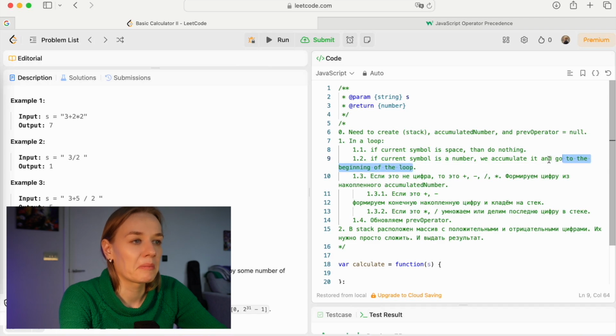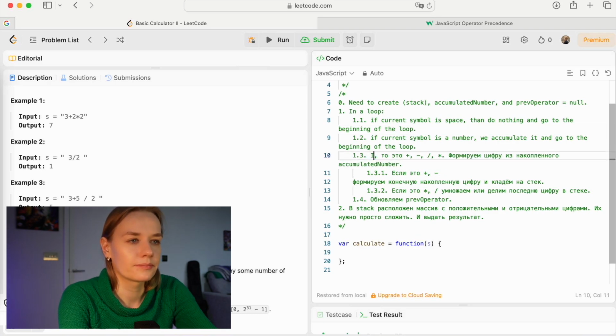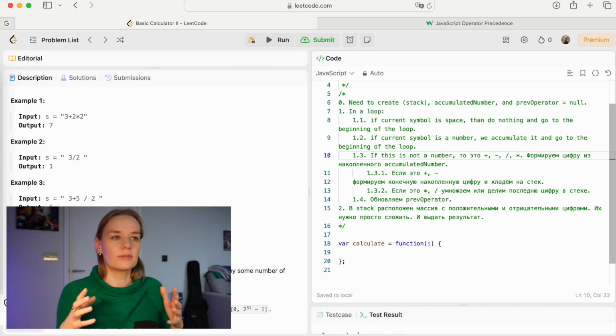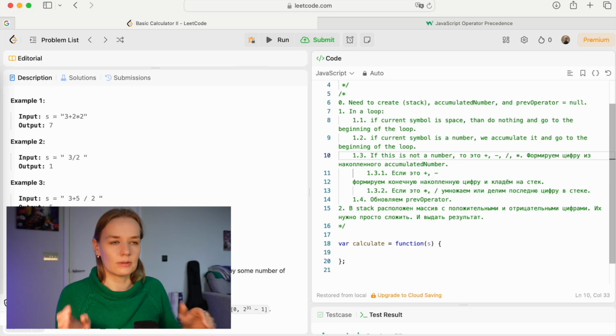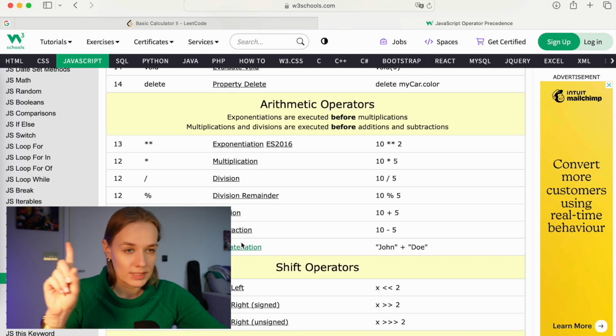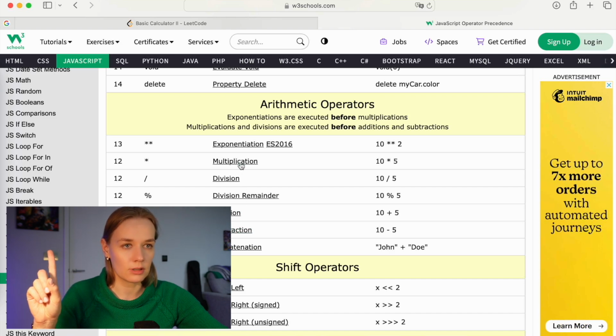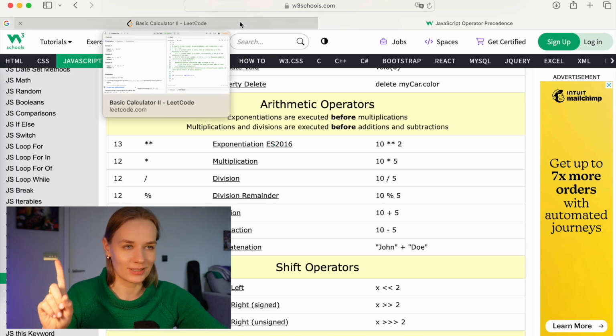If it is not a number, that means we have plus, minus, addition, subtraction, division or multiplication.